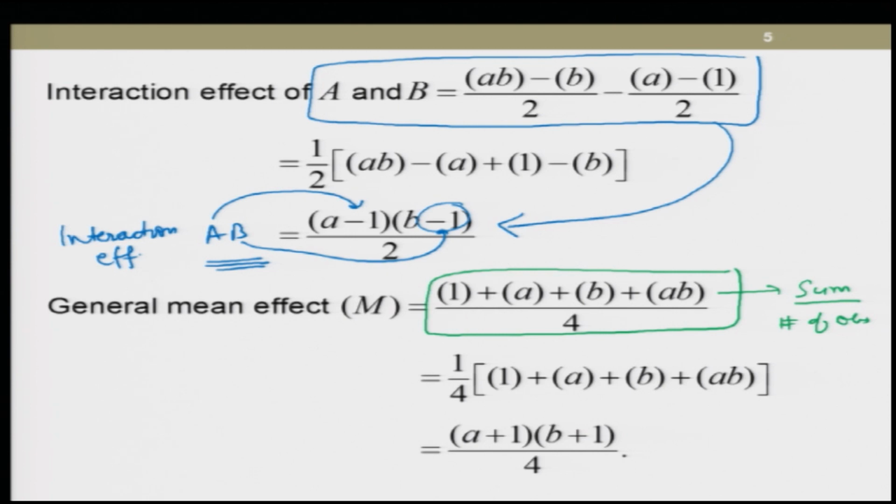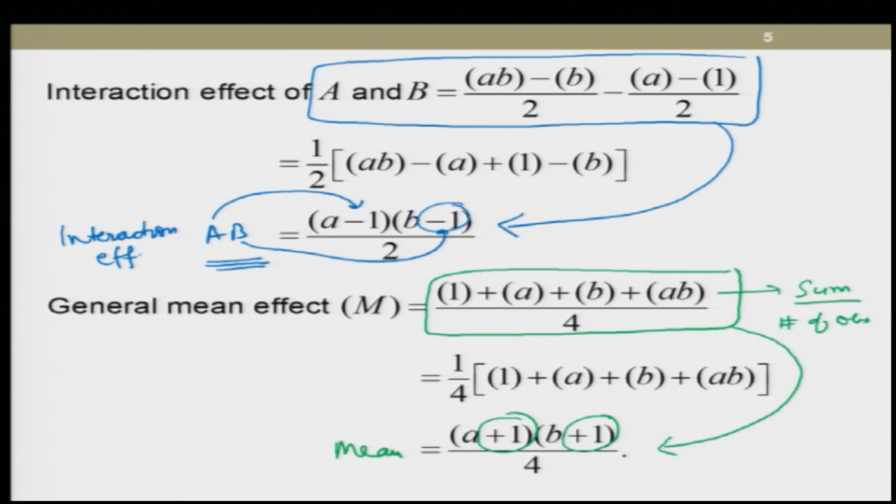The same technique can also be applied here, and we arrive at this expression, which is A plus 1 and B plus 1. So when we consider the general mean effect, in both cases of A and B, only plus 1 will occur.